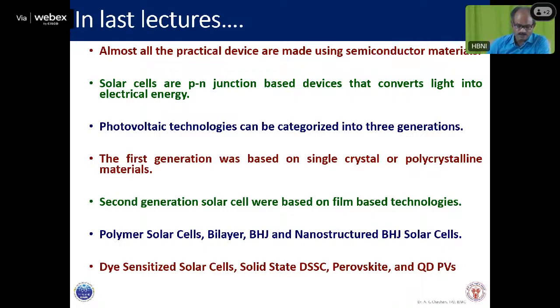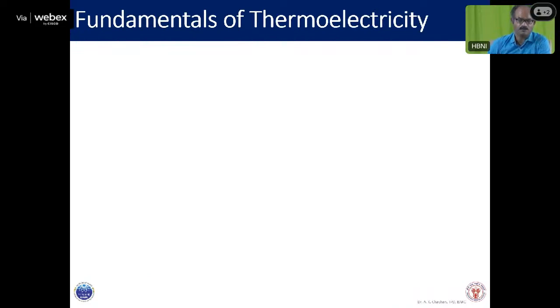So these solar cells and some other new kind of devices come under the third generation of solar cells. These solar cells we studied in detail. All of them by now we have understood very well.